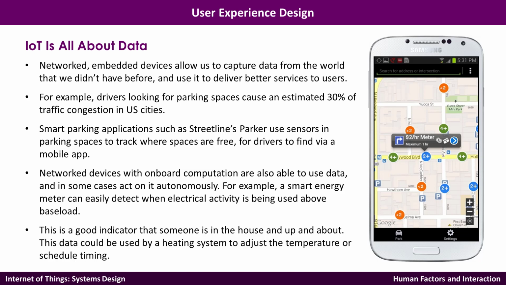In this way, the system can save on the electricity bill by optimally managing the heating on your behalf. And such autonomous behavior could also increase the convenience of the end user.